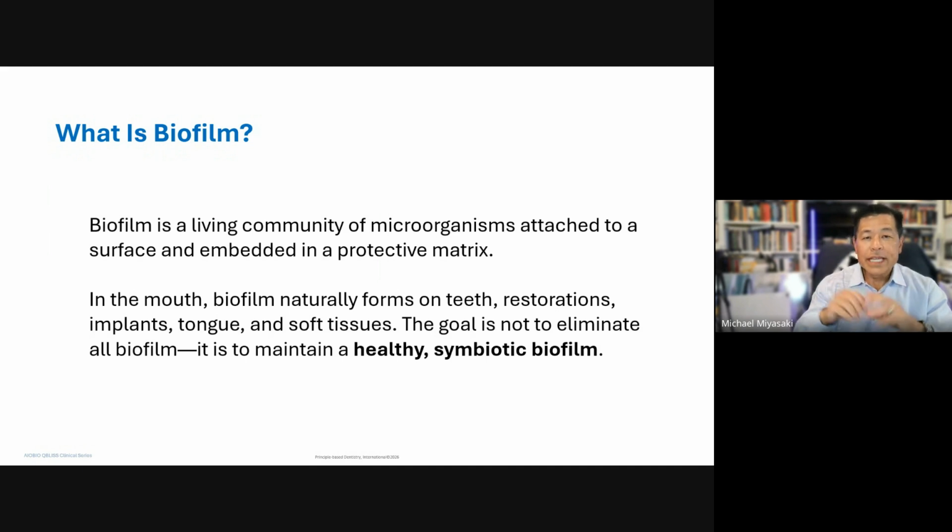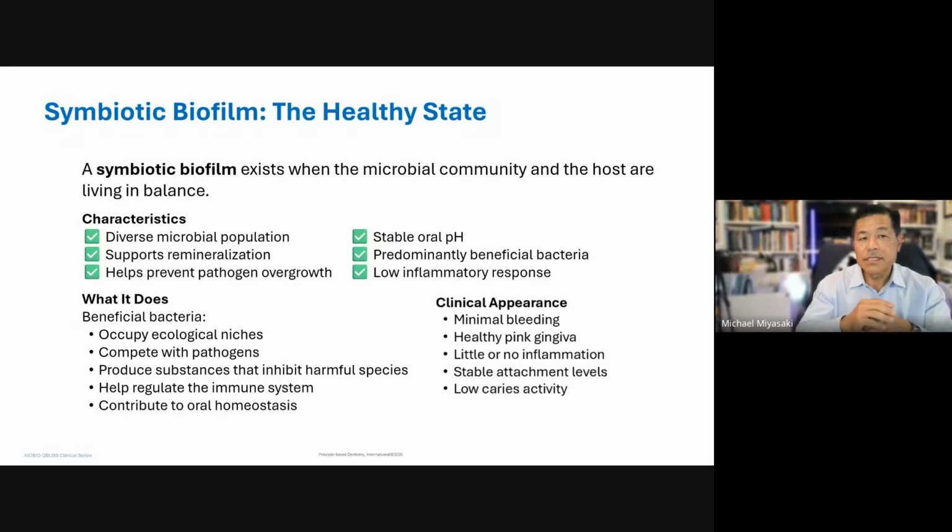So in the mouth, we're going to get biofilm, but there are two types: a more symbiotic biofilm and a dysbiotic biofilm, one that's going to be pathogenic. Our goal is not necessarily to remove all the biofilm. There's some good biofilm there, as I mentioned. But we want to remove the pathogenic biofilm or not allow it to develop, because that's going to cause the disease states.